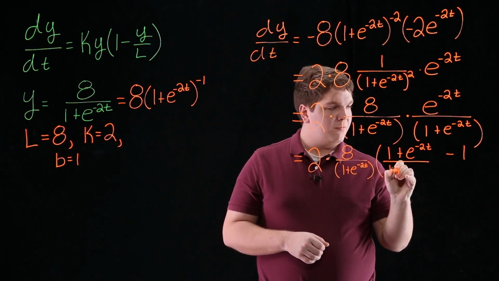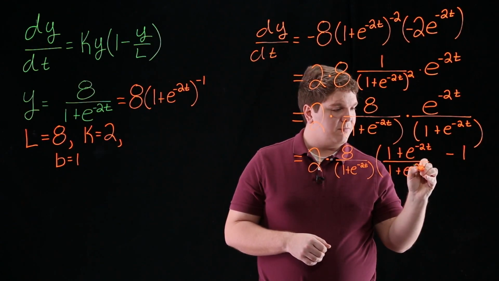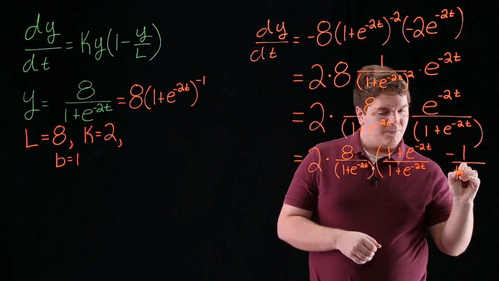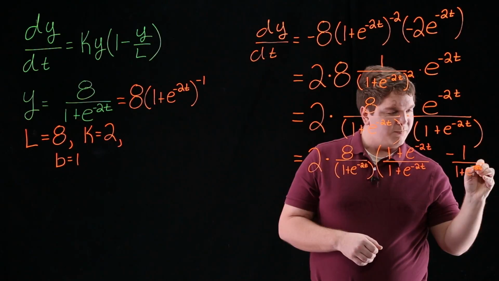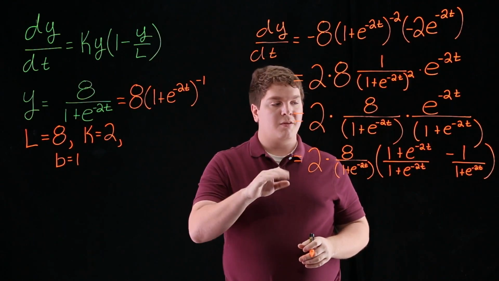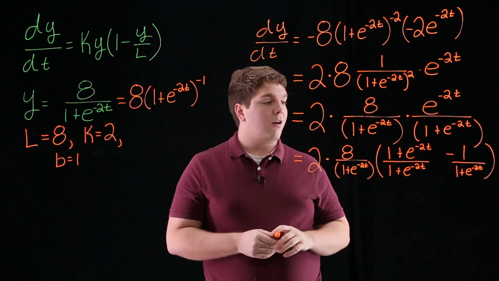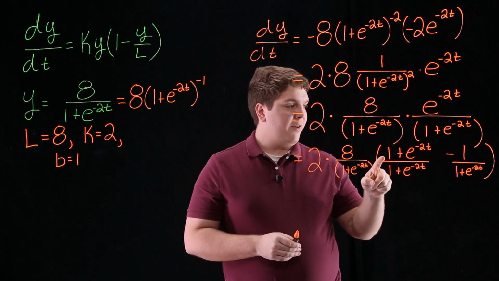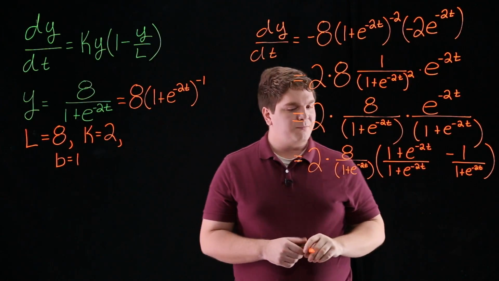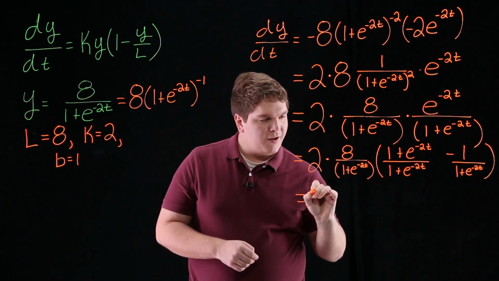So here I'll have 1 plus e to the negative 2t, and here I'll have 1 plus e to the negative 2t. So verify that from this step to this step, I haven't changed anything. All I've done is add 1 and subtract 1. So I've added 0 to this numerator. So we'll continue on simplifying.